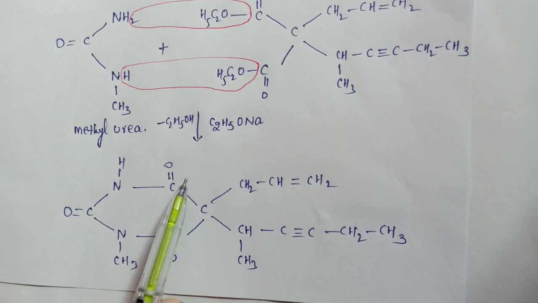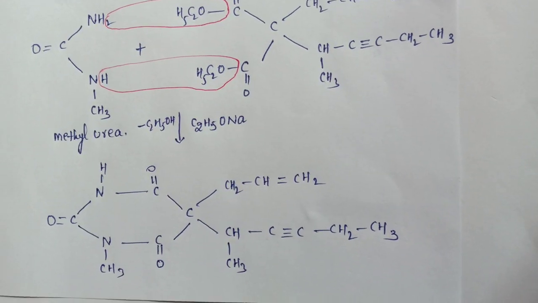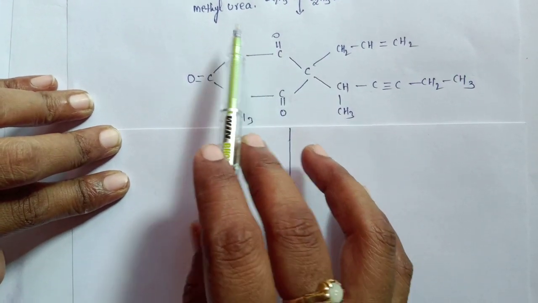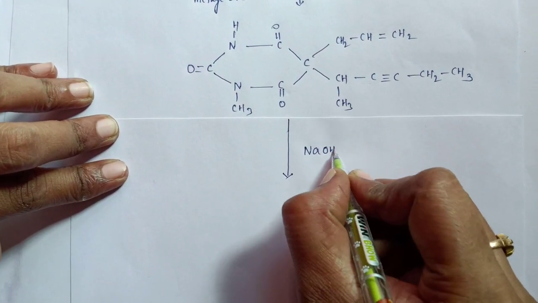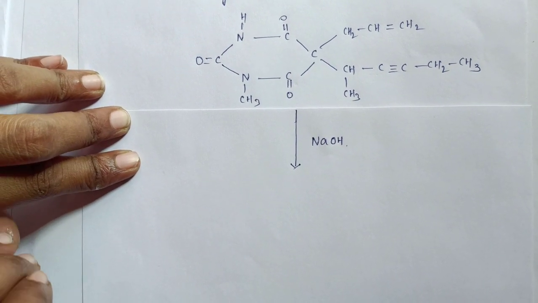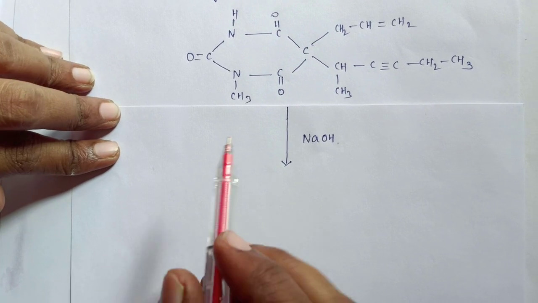So the next step is we have to convert this methohexitol into the form of a salt. This methohexitol is treated with a base like NaOH. So what happens here is, in the presence of NaOH there is a loss of water.